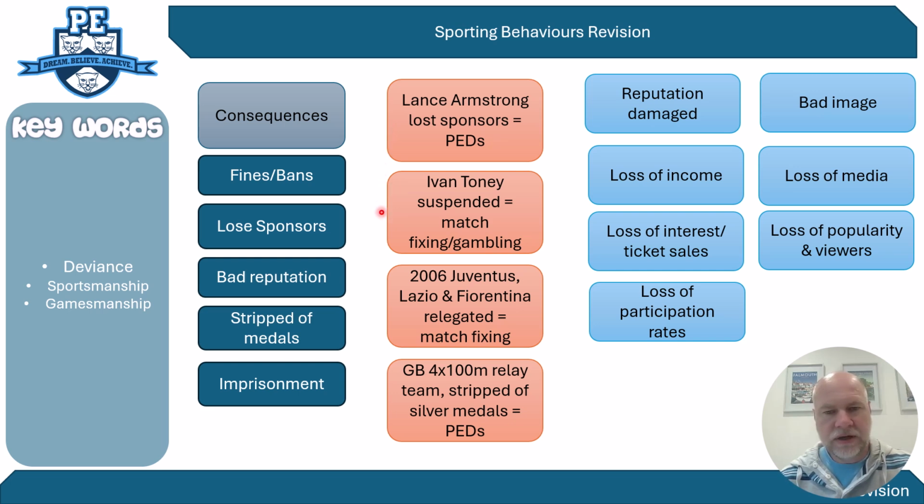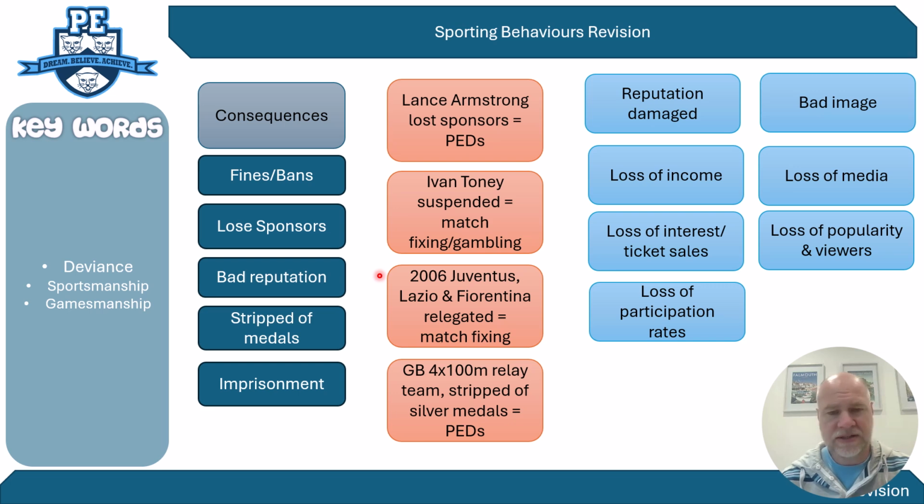Ivan Toney is a more recent football player, for Brentford at the time, who was suspended for a large portion of the season because of his gambling, and it's linked to match fixing, where you, as a professional footballer, aren't able to gamble on yourself. He bet on himself, and he was suspended and fined.